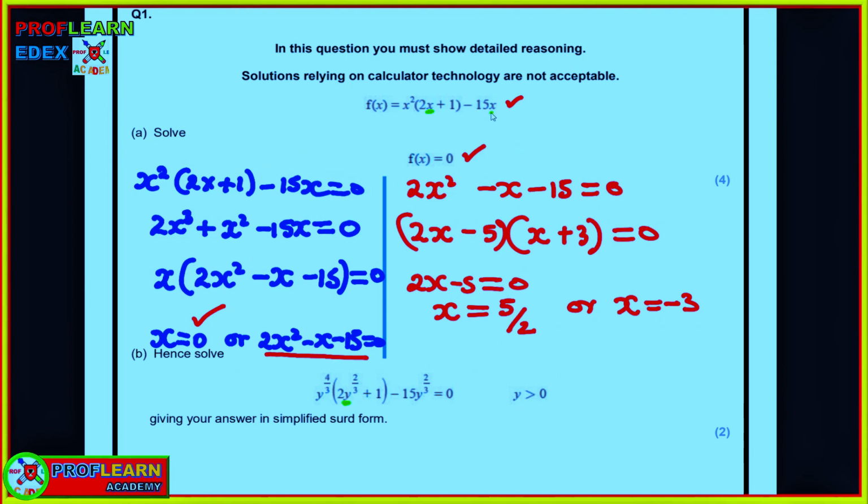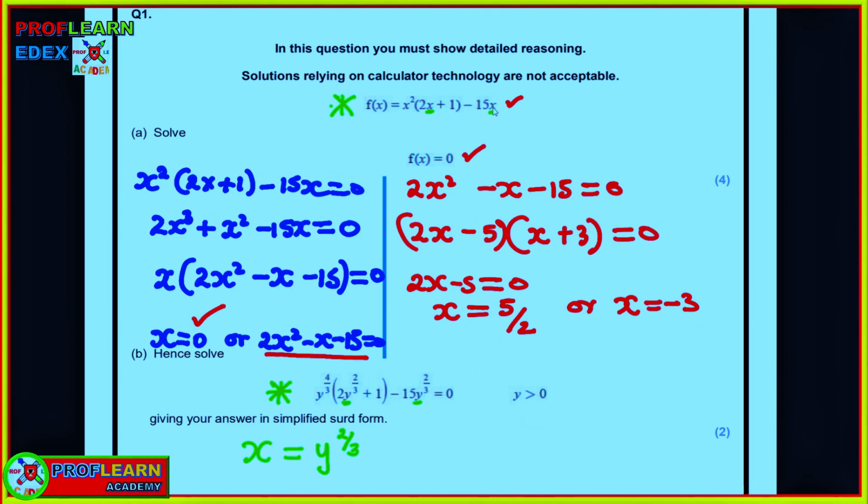Here we were having x, here we are having negative 15 y raised to power 2 over 3. So you realize that this equation is somehow related to that function at the top here. It's only that x has been replaced with y raised to power 2 over 3.